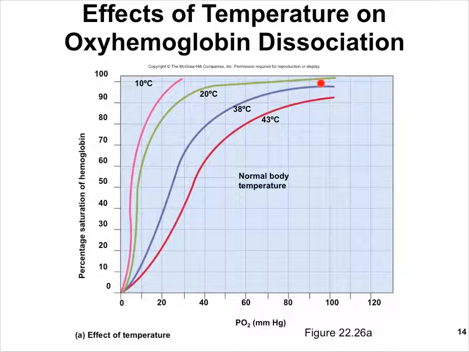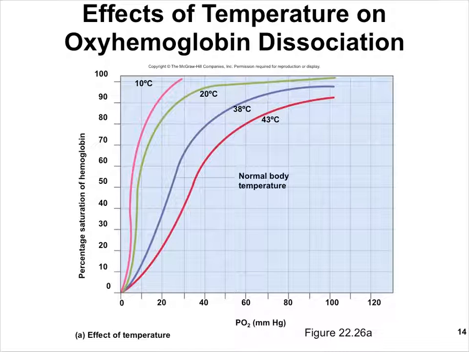That's pretty normal. What about in the deep tissues? Well, if you remember back, we said that in the tissues, the partial pressure of oxygen is about 40. So we'll look up here, and in the tissues, how much saturation do we have? We have about 78, 79, something like that.